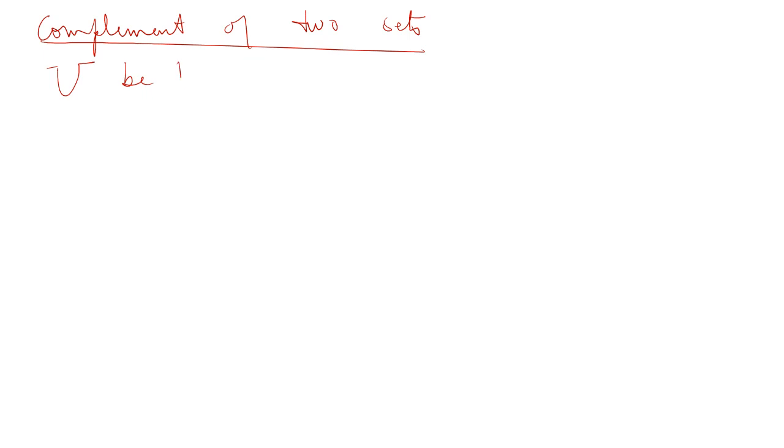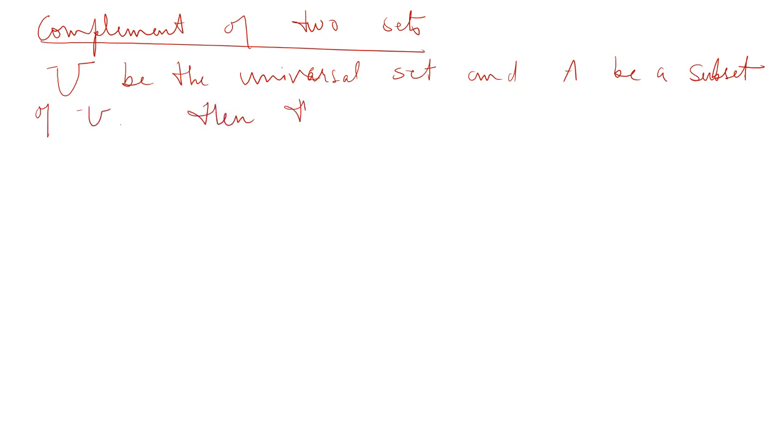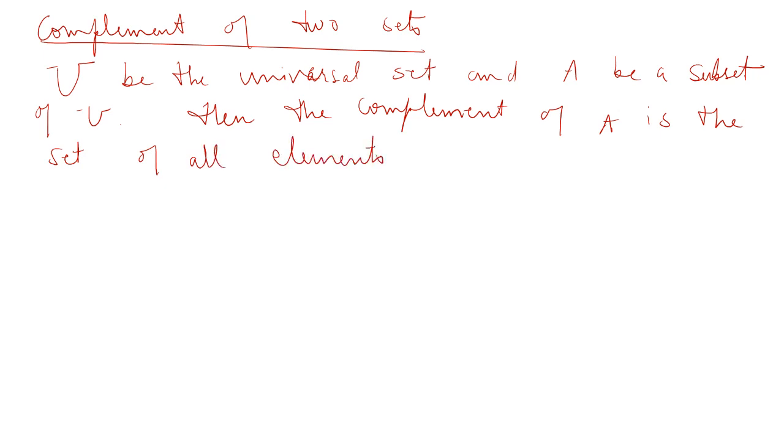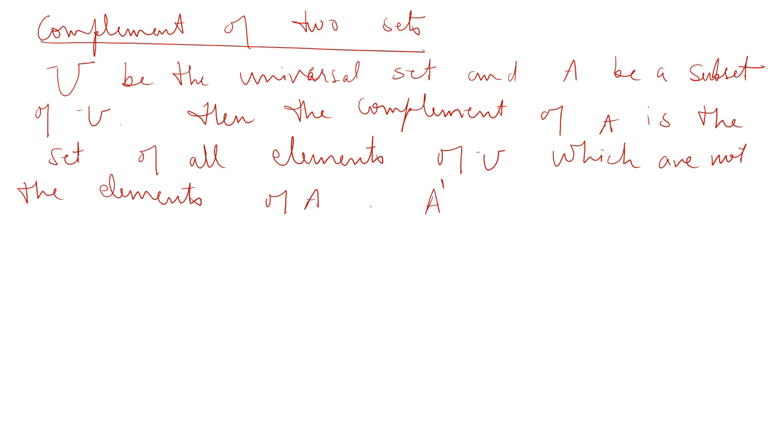Let U be the universal set and A be a subset of U. Then the complement of A is the set of all elements of U which are not the elements of A. Symbolically we write it as A dash, and while reading we have to read it as A complement only.